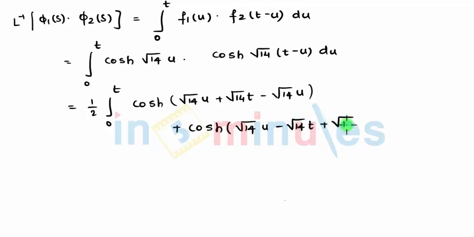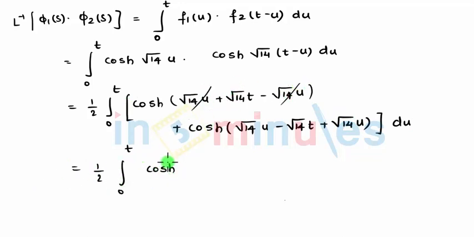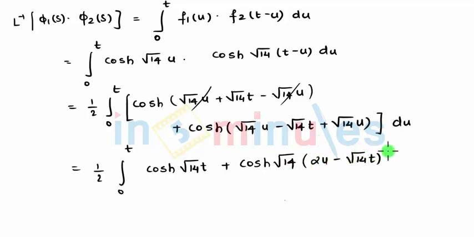plus root 14u du. So we can write this as 1 by 2 integral 0 to t cos hyperbolic, this and this gets cancelled. We can write directly cos hyperbolic root 14t plus cos hyperbolic root 14, taking root 14 common, you can write as (2u minus t) into du. So let's integrate this.